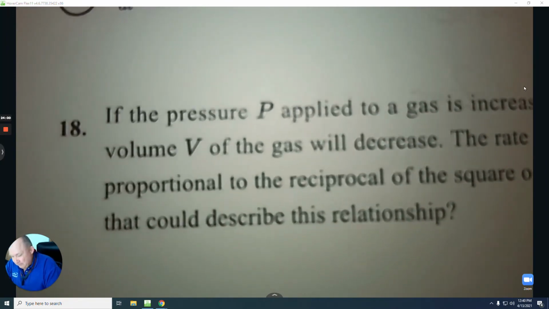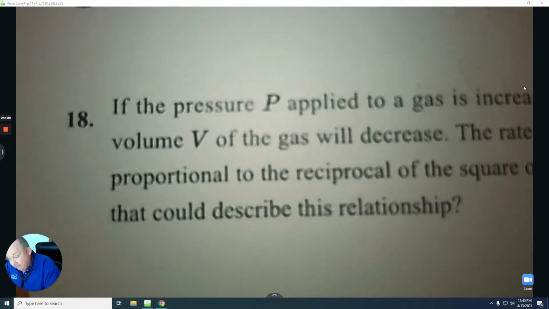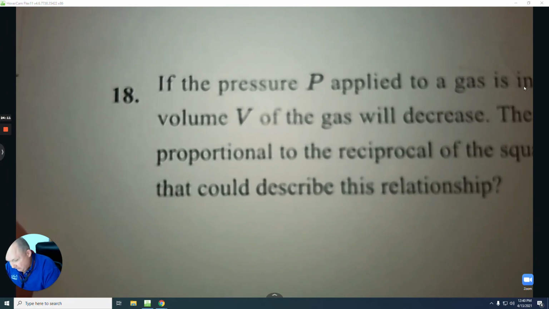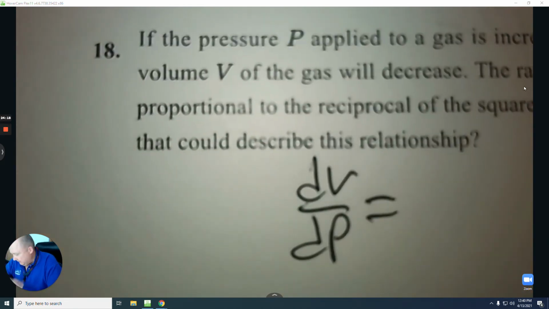Let's try this one. The pressure P applied to a gas is increasing at a constant temperature. Then the volume V of the gas will decrease. The rate of change of the volume of gas with respect to the pressure, that's dV by dP to begin with, right?